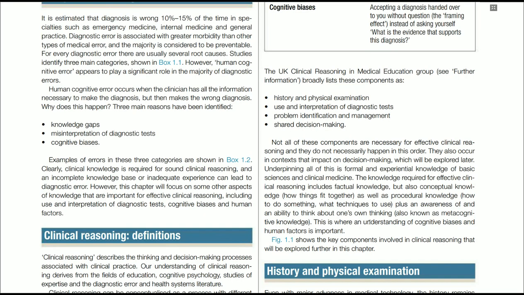This is where an understanding of cognitive biases and human factors is important. Figure 1.1 shows the key components involved in clinical reasoning that will be explored further in this chapter.